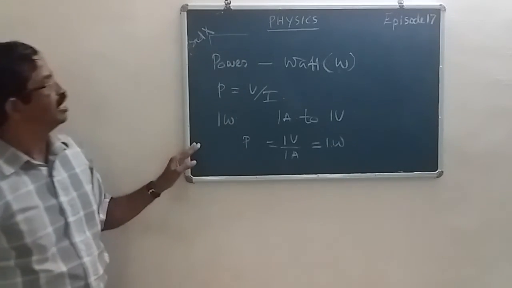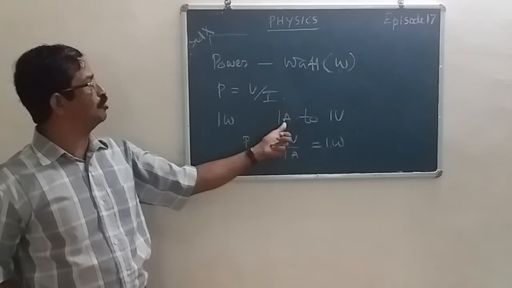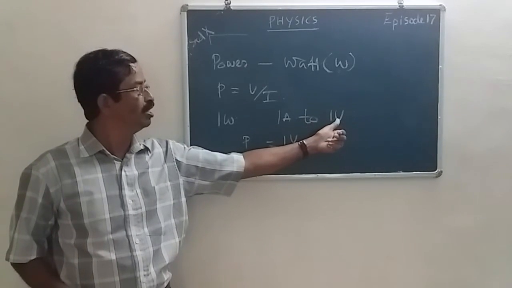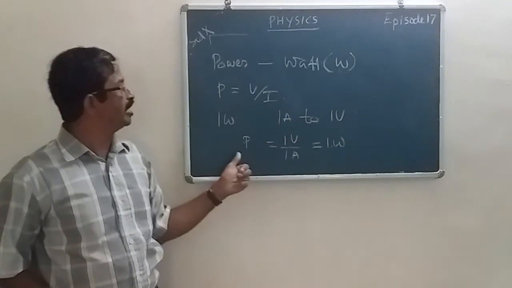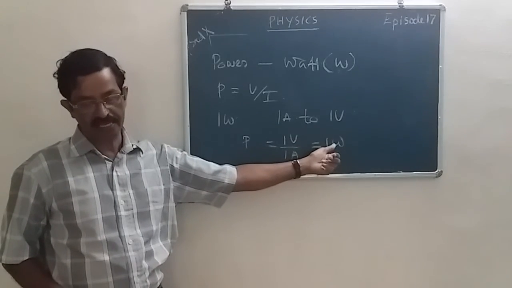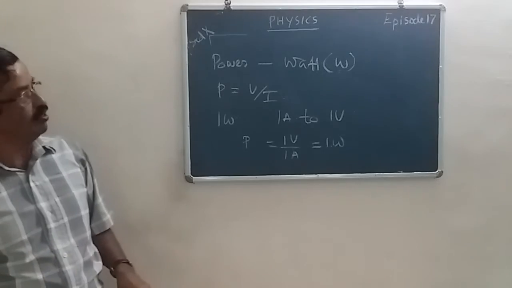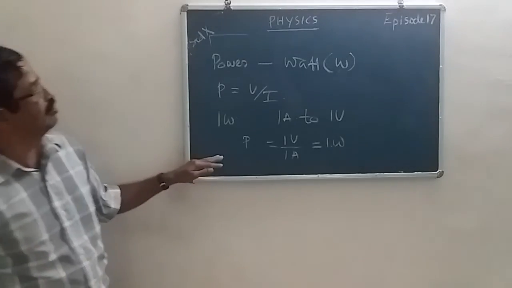That means if a current of 1 ampere flows through a circuit under a potential difference of 1 volt, then power is 1 watt.